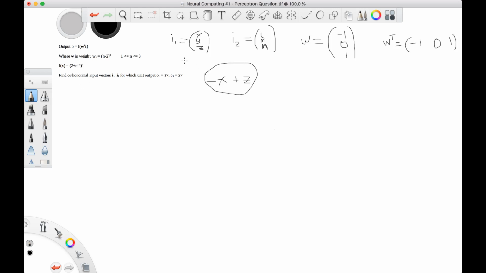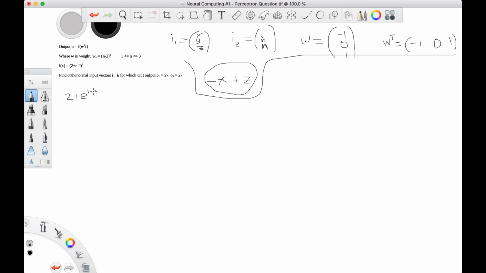But before we substitute this for x, let's work backwards from the outputs, from one of the outputs. They're both the same anyway. And let's get a rough idea of what x needs to be. So we've got (2 plus e to the power of 1 minus x) cubed, where e is the exponential, by the way, for those of you that don't know, it's a constant.